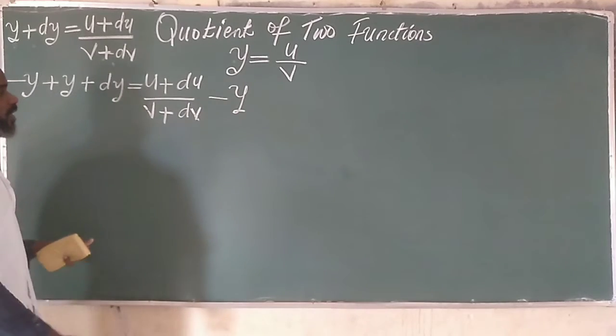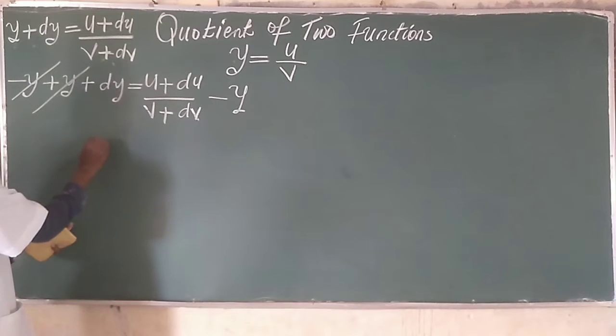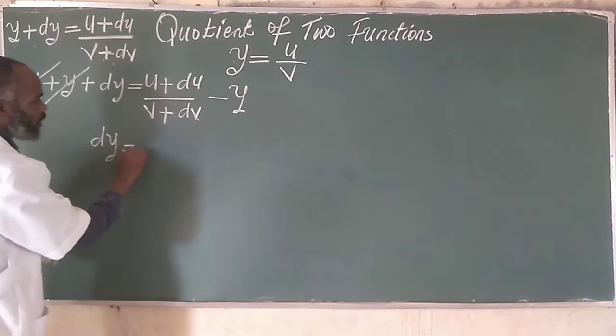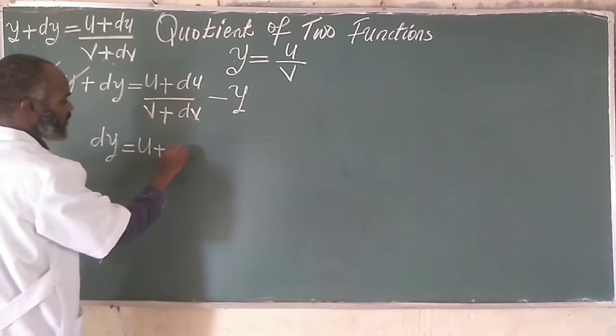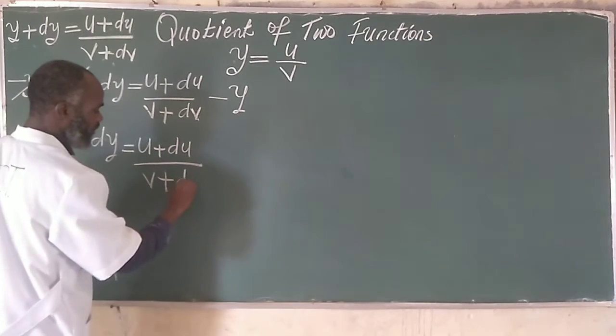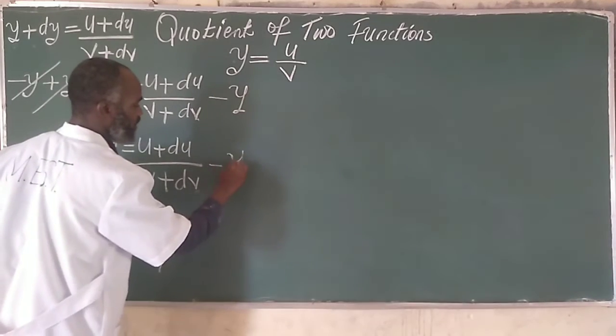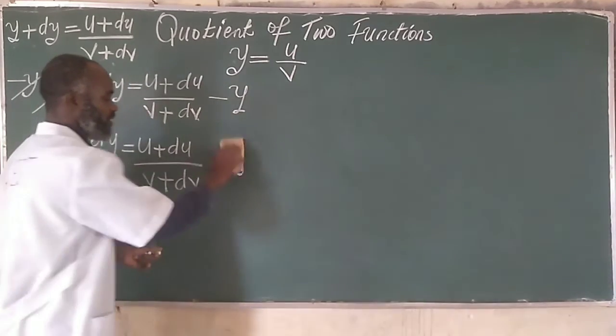If that is the case, we have succeeded in removing this, and we are left with just dy is equal to u plus du all over v plus dv, and then minus y. That is it.